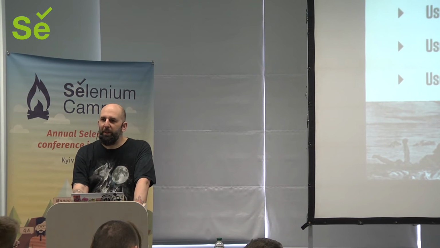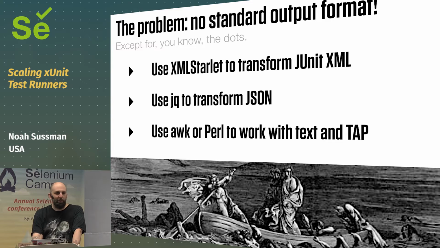JQ is new and really magical. It lets you work with JSON the way you work with plain text using awk or sed on the command line. And then awk or Perl are amazing for transforming any kind of text output, including TAP. So let's say your runner only outputs TAP and you want JUnit, you could use Perl or awk to transform your TAP output into JUnit.xml.